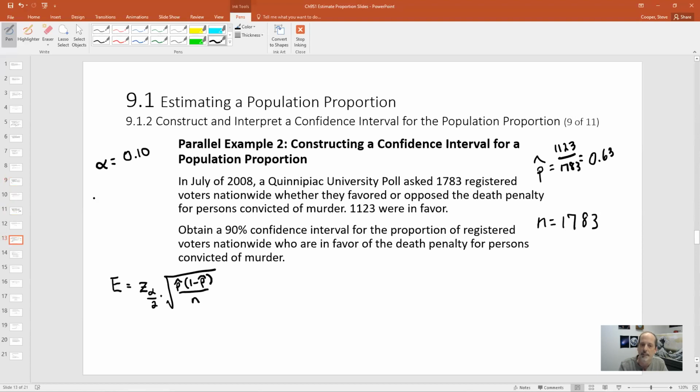We have to go get Z alpha over 2. Now, alpha over 2 is going to be 0.05. So Z 0.05. Remember, this is the Z-score whose area under the curve is 0.05. So let's go to the table.